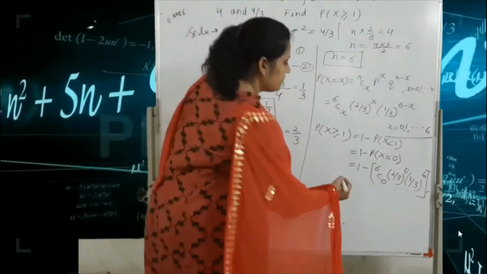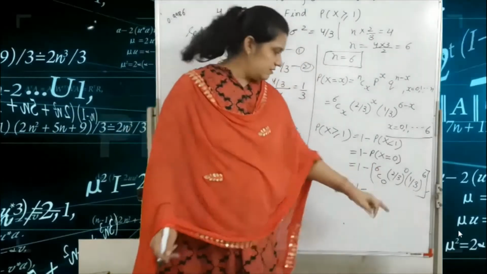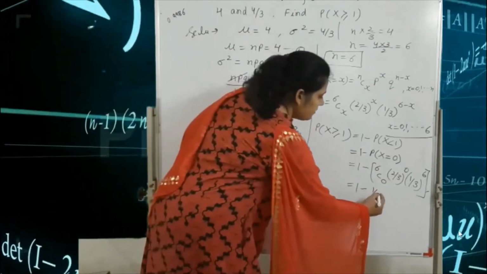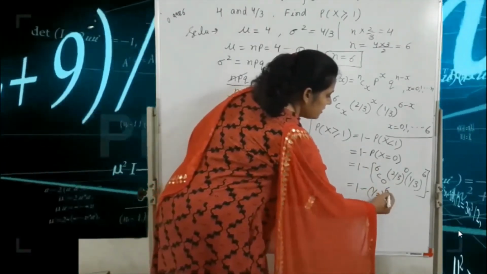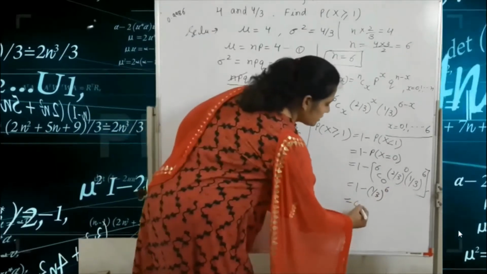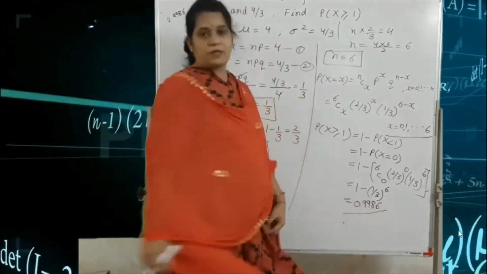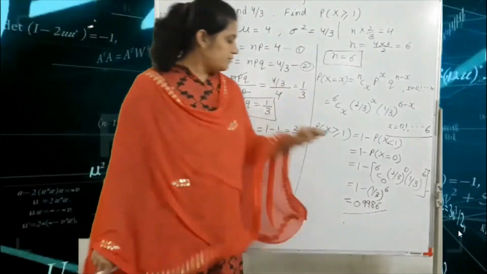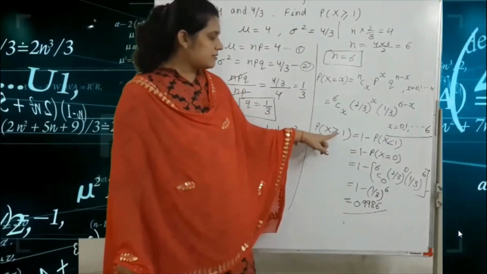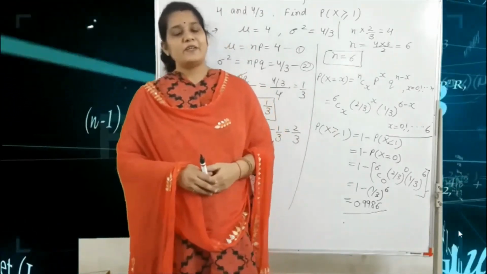Here 1 minus 6 is 0, 1; 2 by 3 raised to the power 0, 1. So here we write 1 by 3 raised to the power 6. Solve this step and we get the value 0.9986. Okay, so this is our final answer for the value of P(X ≥ 1). Okay, thank you for watching this video.